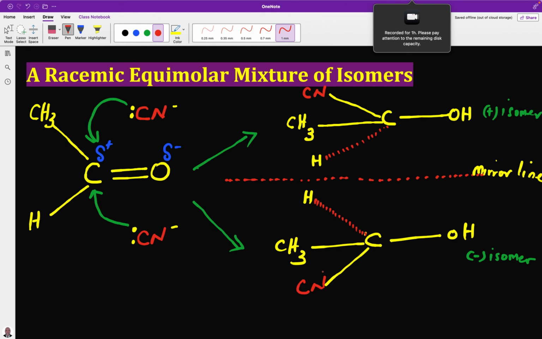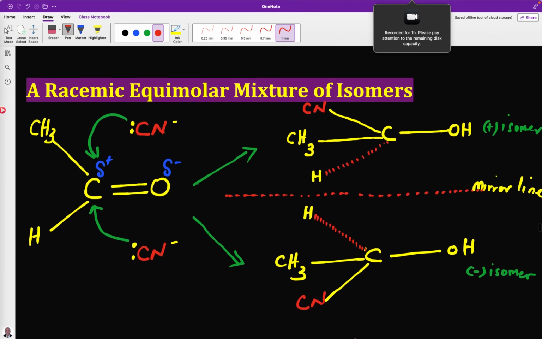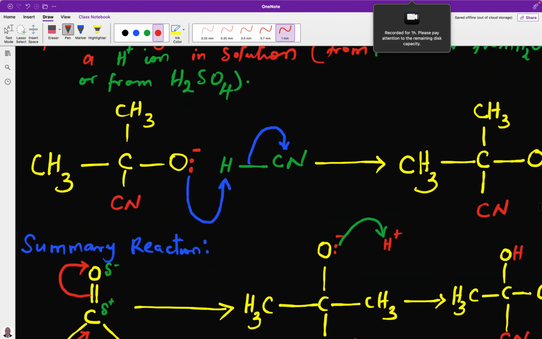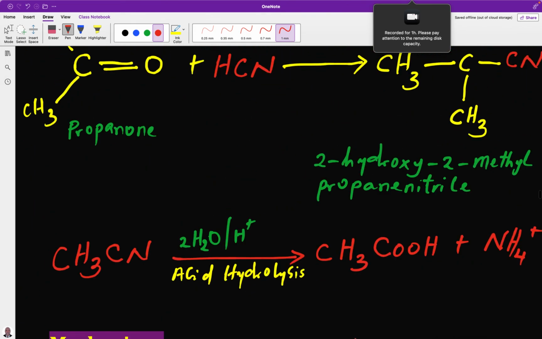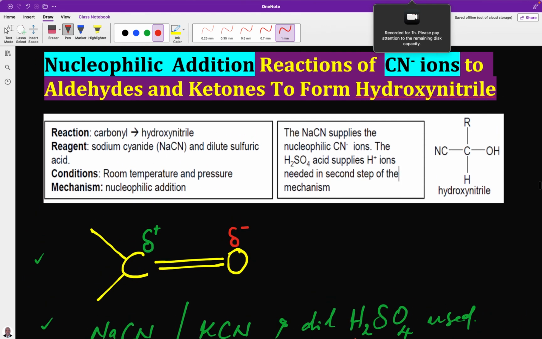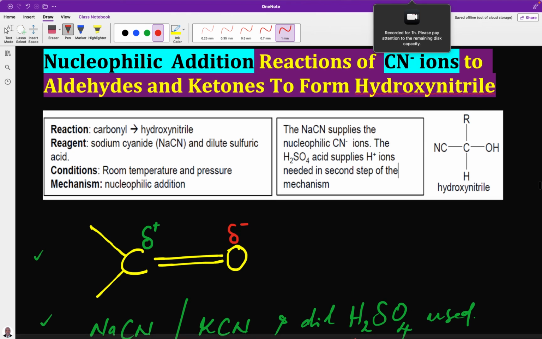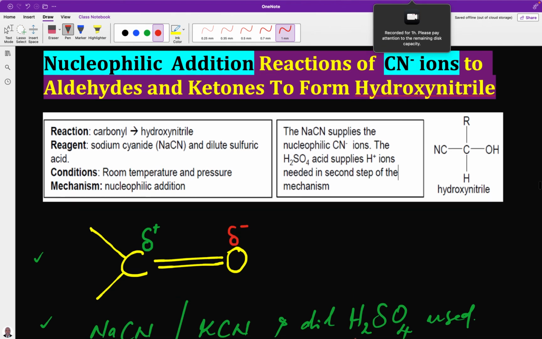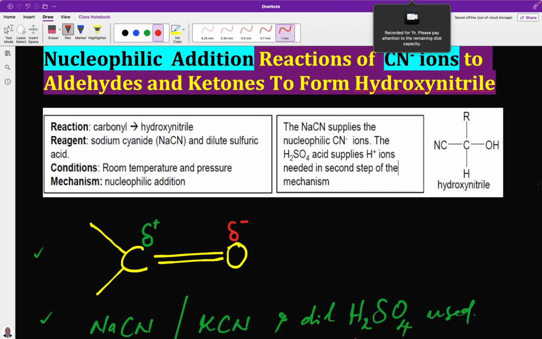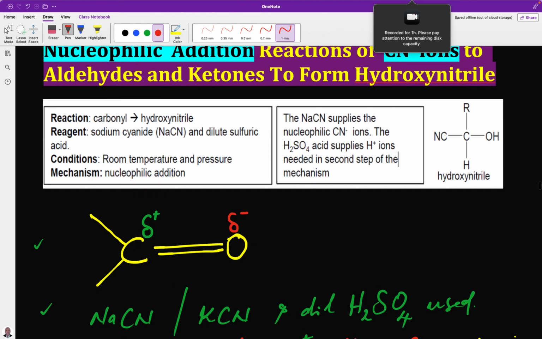So that is what is going to happen. Once more, we are doing nucleophilic addition reaction of cyanide ions to aldehydes and ketones to form hydroxynitrile. And we said the reagent could be sodium cyanide or potassium cyanide and dilute sulfuric acid.